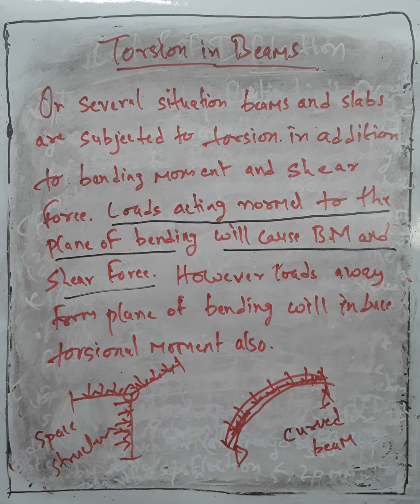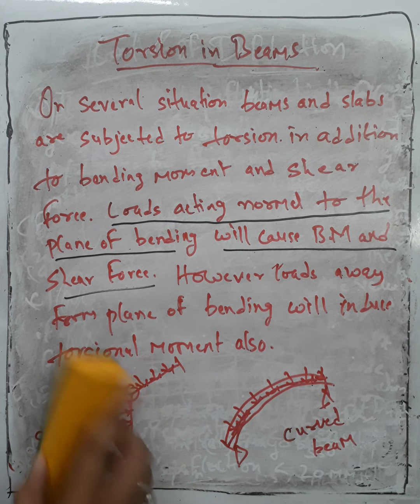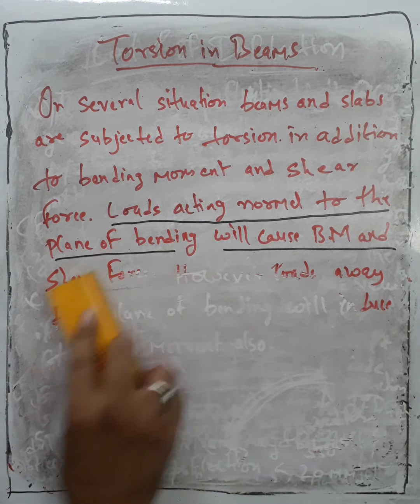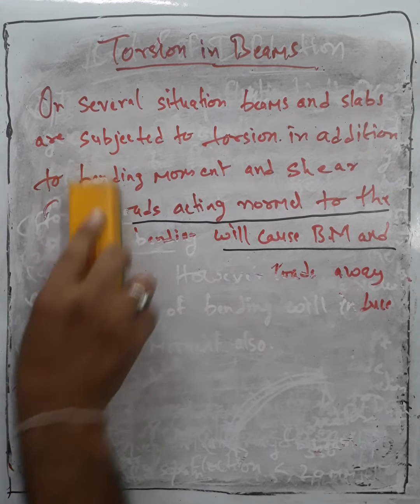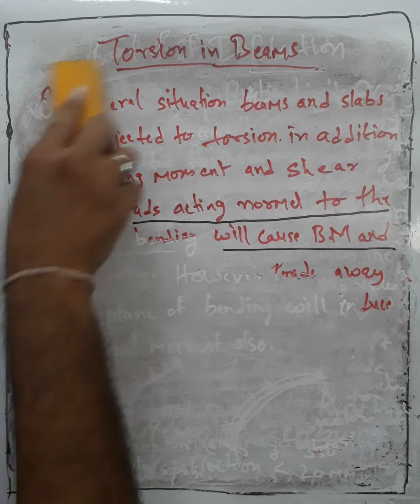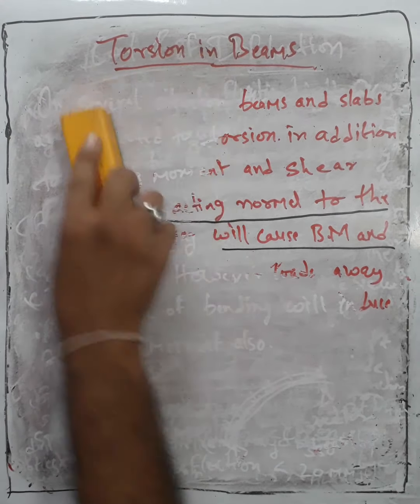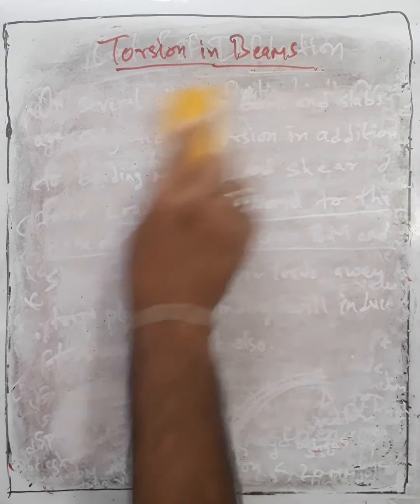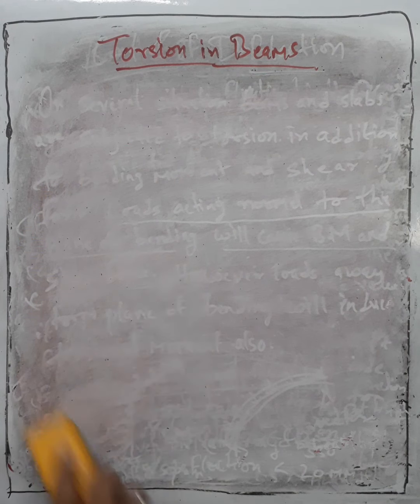Okay, so now we discuss the clauses which are given in IS 456 2000: how we find the torsional moment and what we do to resist this torsional moment. Likewise, to resist shear, we provide shear reinforcement. Same here, we provide some reinforcement to resist the torsion.